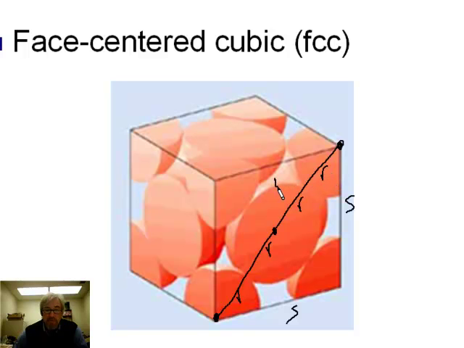So across this whole diagonal is 4 times a radius. Now if we follow the Pythagorean theorem, s squared plus s squared is going to give us 2s squared when we add it together. So the length here is the square root of 2 times s. So the square root of 2 times s is equal to 4 times a radius. Again, that might be useful in solving problems.